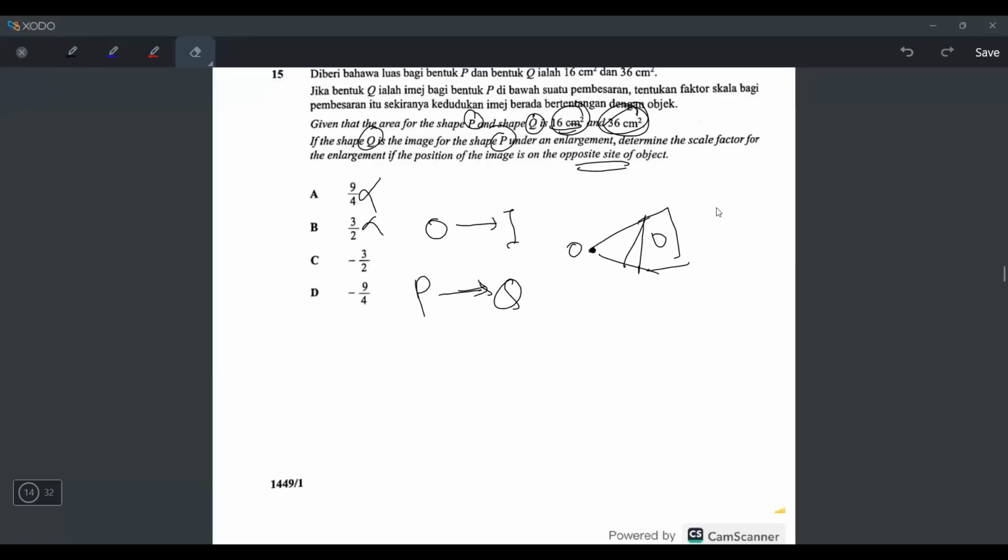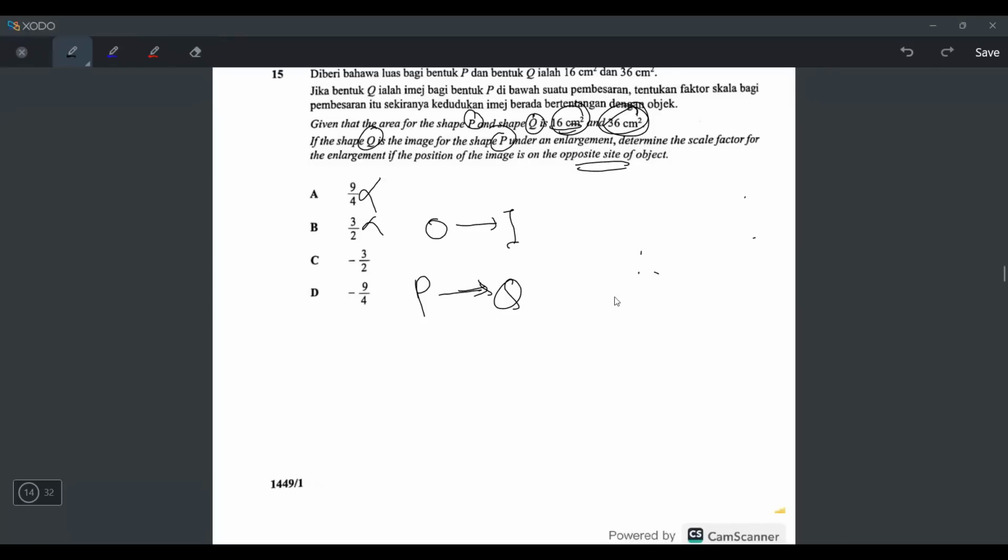Even if it's a fraction, the image will still be on the same side. But if it's negative, then it will be on the opposite side. So remember, if the scale factor is negative, it means the object and image are at the opposite side. So that's why the answer is not A or B, it's either C or D.